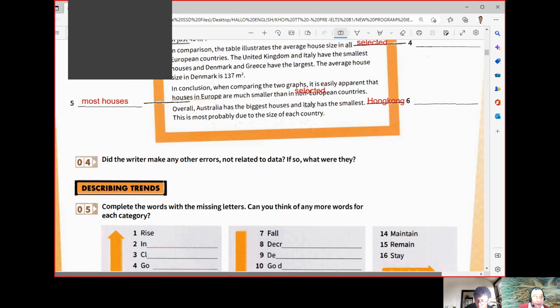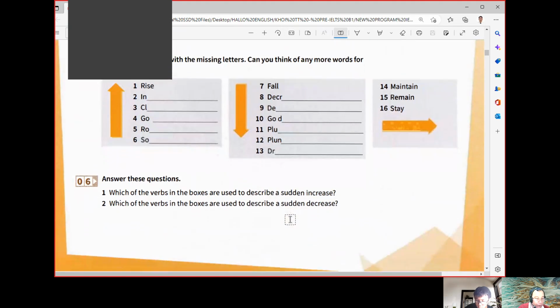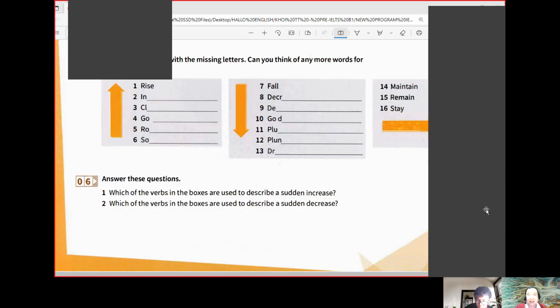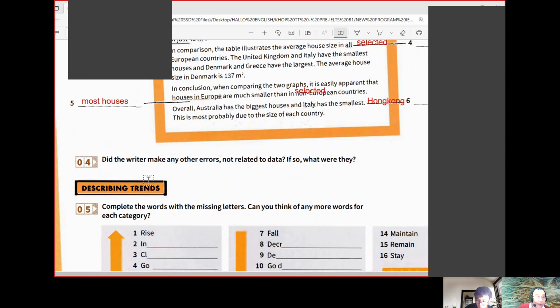Let's go to the next one. Number 4: Did the writer make any other errors not related to data? If so, what were they?